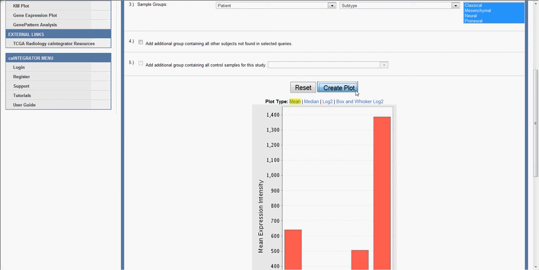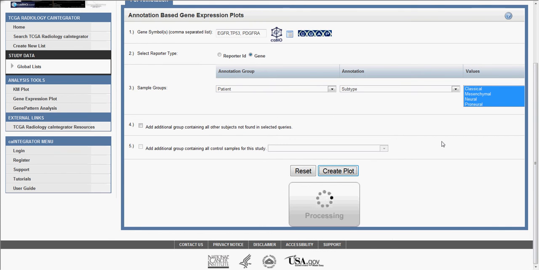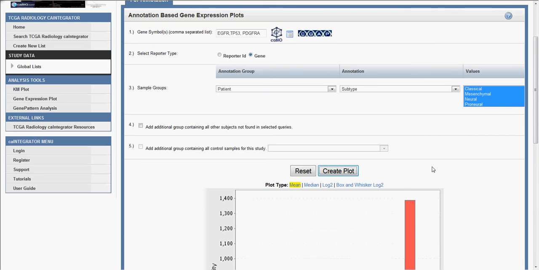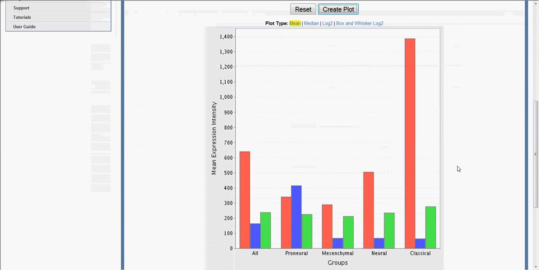And when we click on create plot, now what we have is the gene expression patterns of the 3 genes we selected for different subtypes of glioblastoma.